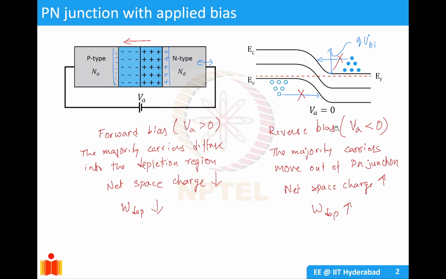Whereas in reverse bias, the majority carriers move out of the PN junction and hence increase the depletion region, and they are unable to conduct, hence the conduction is very low.